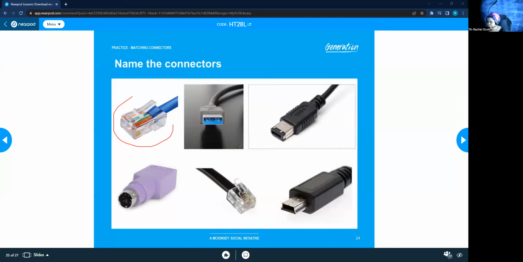The one in the middle? Yes. The one in the middle is not a USB 3. Is it a USB 3.0? Need a little more detail. So it's a USB 3.0. Yeah, that's what I said, USB 3.0. I know, we're missing one more key piece of information. You're very close.